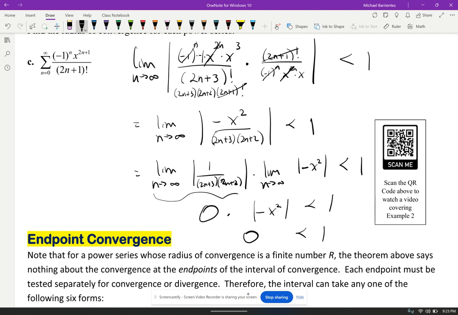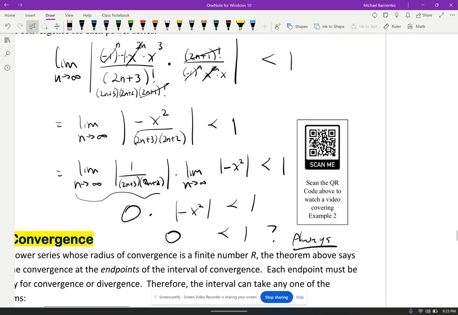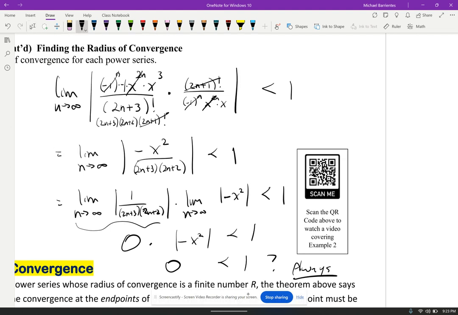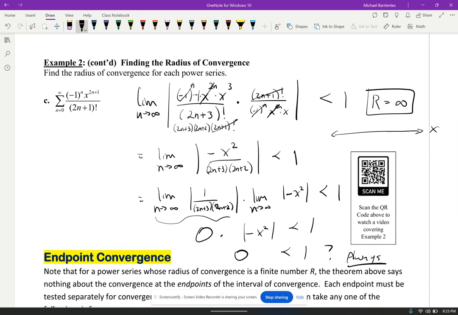And so then the question becomes, when is 0 less than 1? Always. So therefore, this radius of convergence is going to be infinity because I can choose any x value and substitute it into this series, and I will have convergence.